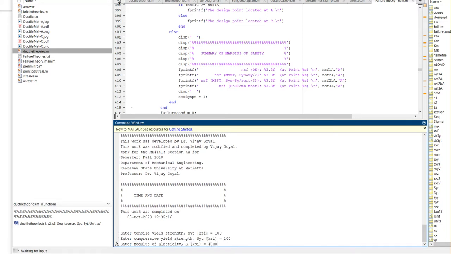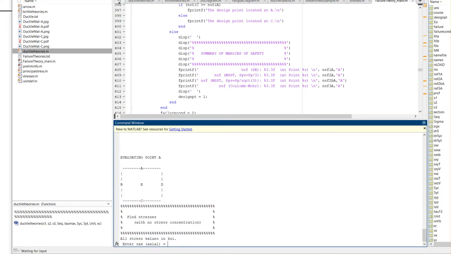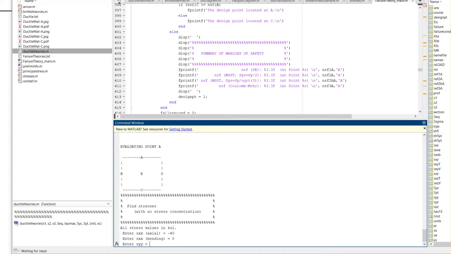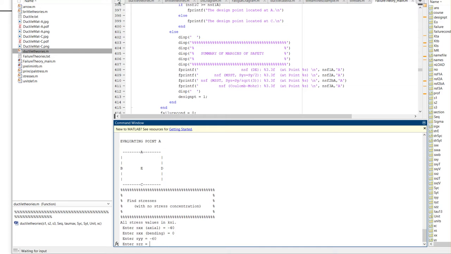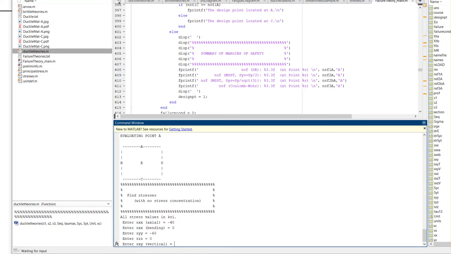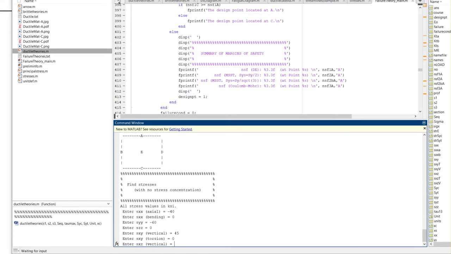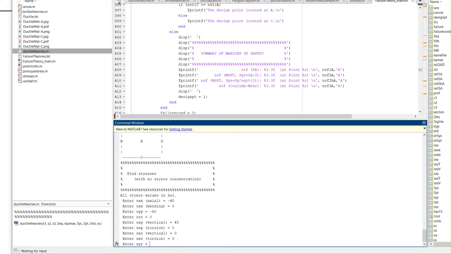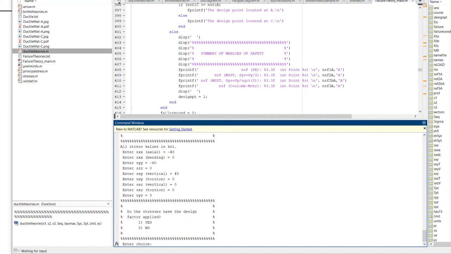Your E is 40,000. And then the axial load, again the same logic: if I put minus 40 there, put a 0 there, because it's the addition of those two values. In this particular problem, this is minus 60. This is 0. This is 45, put 0 there, and everything else is identically 0.